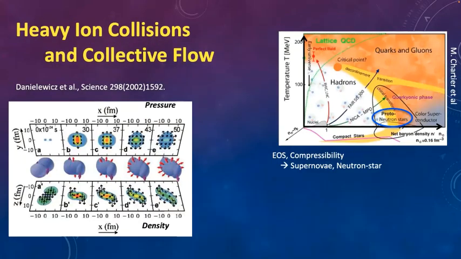So this is collective flow in heavy ion collisions. I took this picture from Daniel Bitz, and also Ultra, he is the pioneer of this collective flow story. The idea is to make an asymmetric initial condition and see how it evolves.